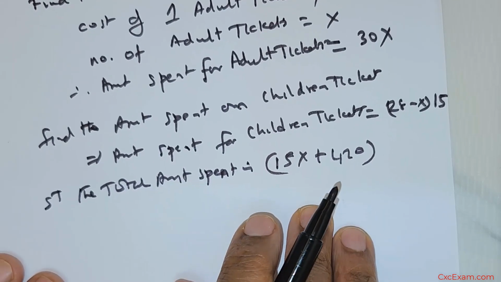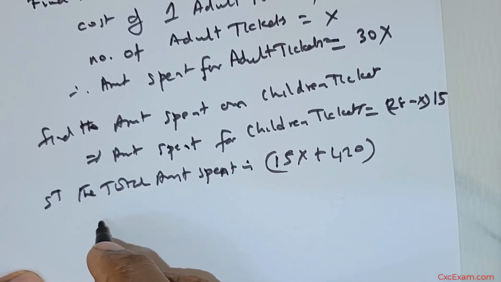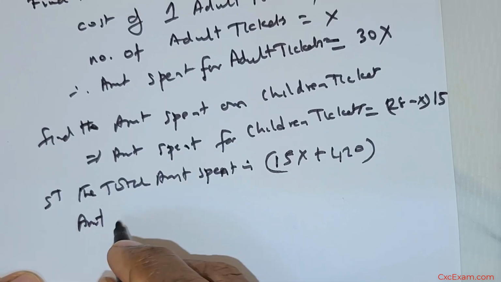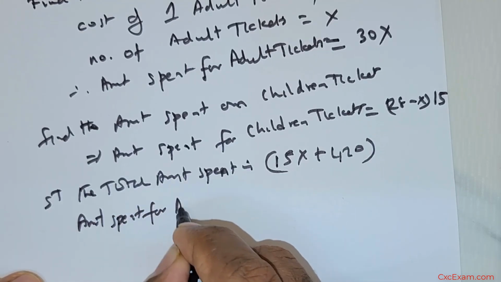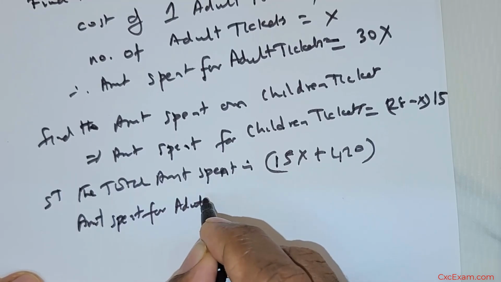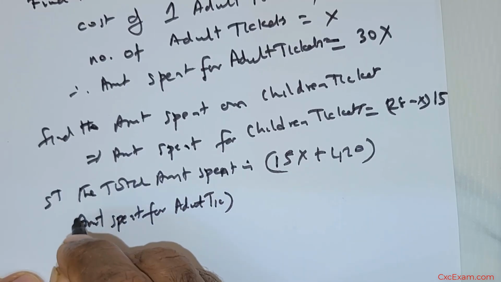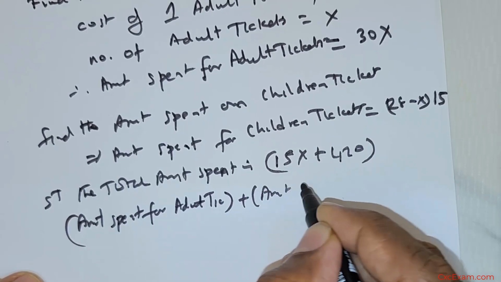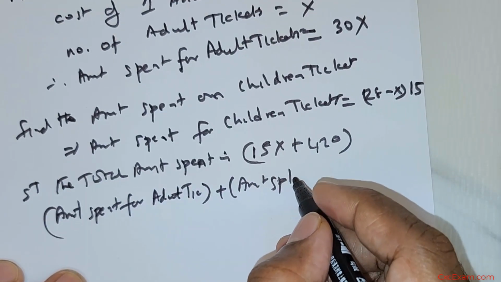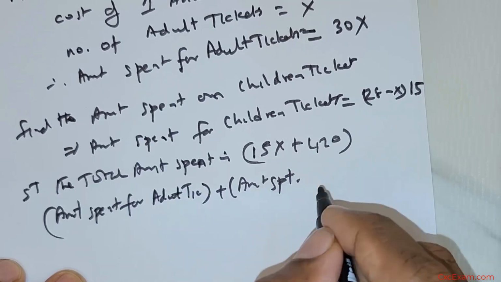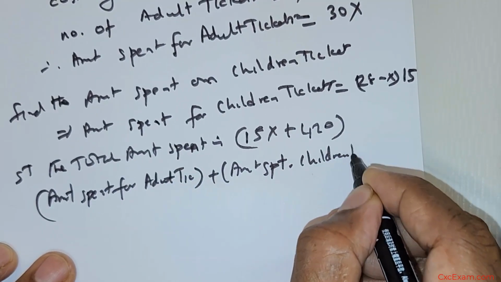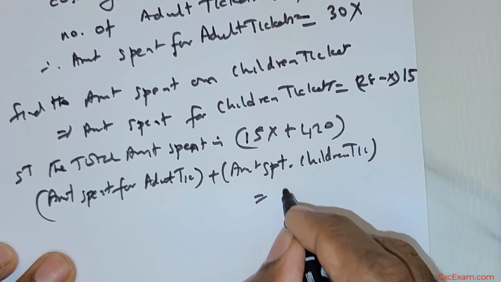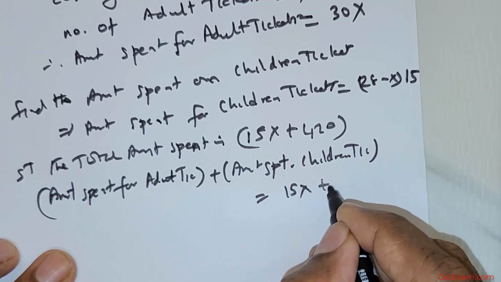Okay, we need to show this. So how are we going to show this? This is the equation: amount spent for adult tickets plus amount spent, I'm just using short abbreviation, for children ticket should be shown to be as 15x positive 420.